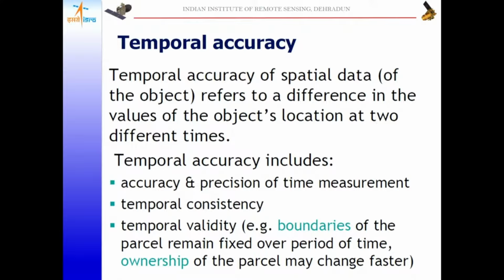When you are getting the images consistently, only then can you see the differences. So there is accuracy and precision of the time measurement, temporal consistency and temporal validity. Boundaries of the parcel remain fixed over a period of time. Whatever analysis area boundaries we make should be fixed over time, only then can we do the comparison and know how much change is occurring.